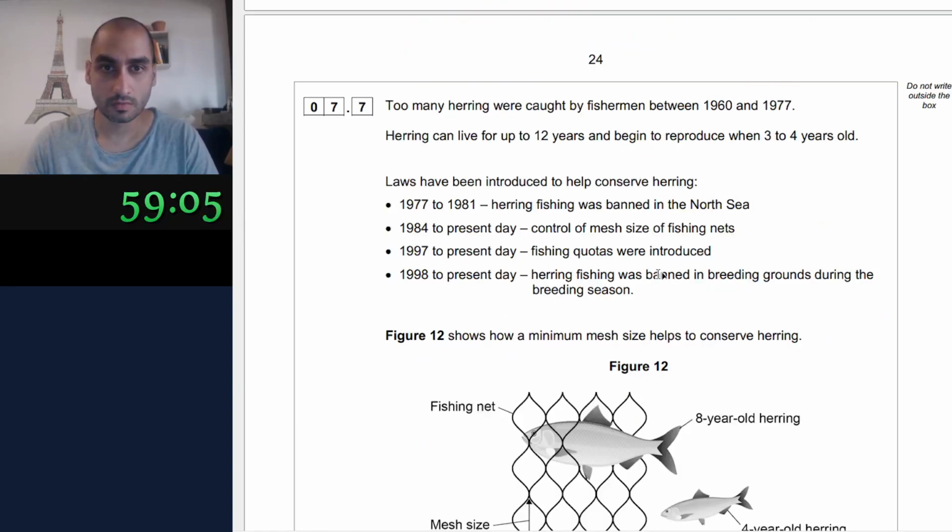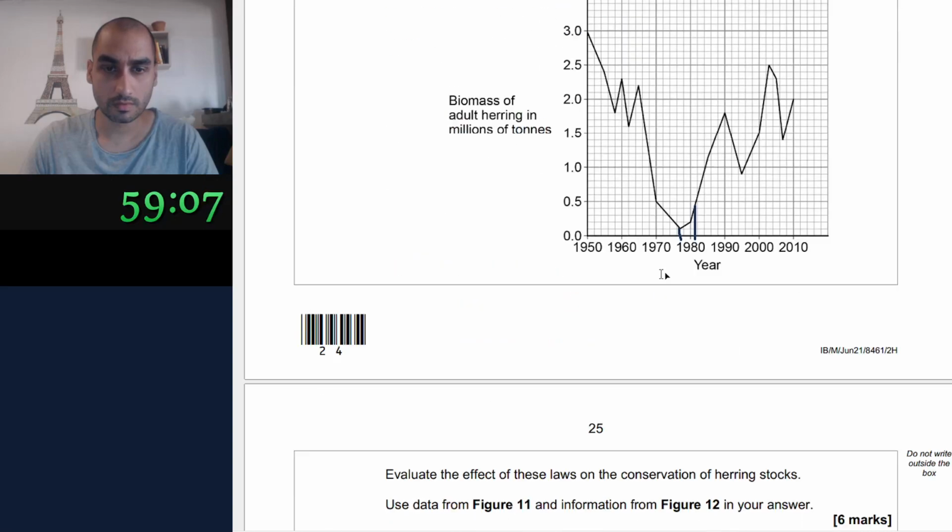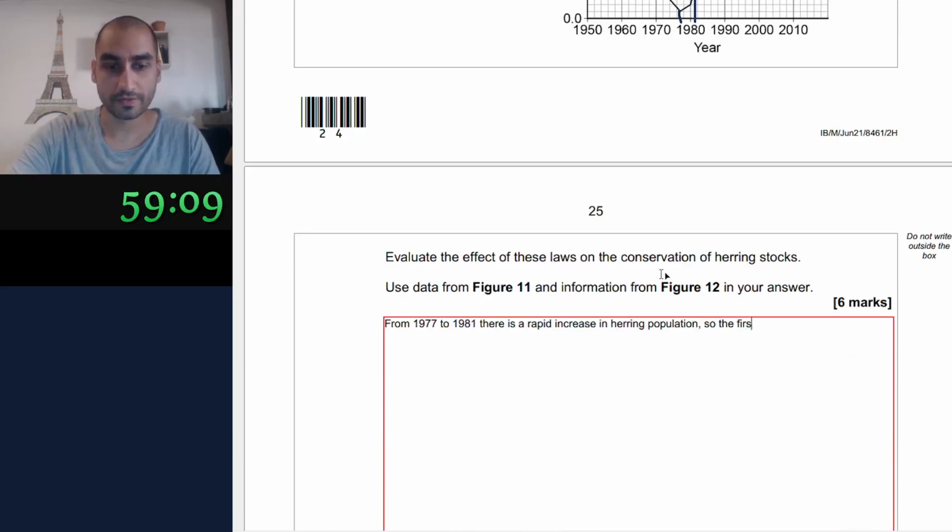So let's say the first law appears to have been effective in allowing the population to increase again.